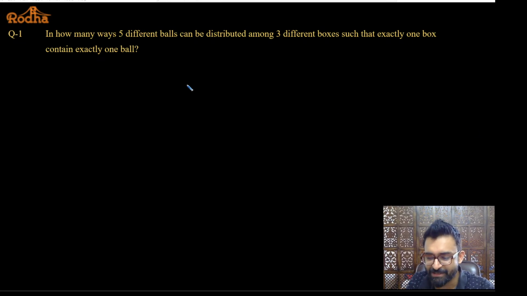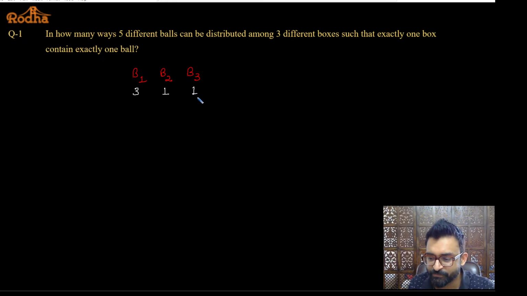Okay, I got multiple answers. Let's understand what the question is asking. There are 5 different balls distributed among 3 different boxes such that exactly one box contains exactly one ball. So let's say this is box 1, this is box 2, this is box 3. If I say 3, 1, 1, is this possible?